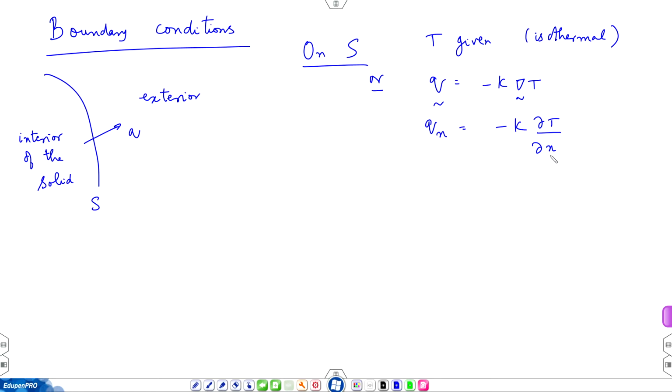So, suppose you have a slab problem and your left side is at temperature T1, right side is insulated. You can quickly see that the temperature profile has to have 0 gradient, which is possible only if T1 is constant everywhere. So, T1 and 0 flux will make the slab attain constant temperature.